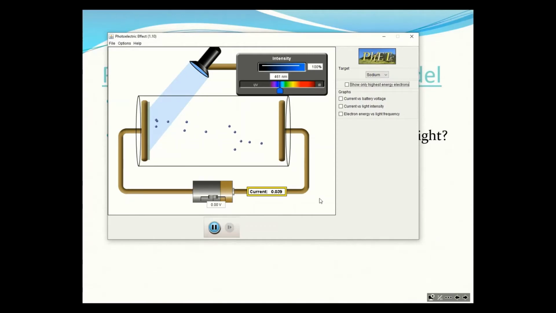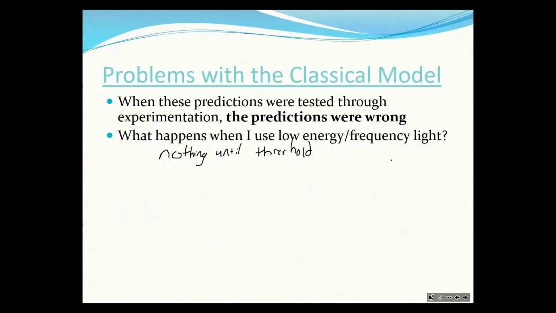So remember with the model, I showed the energy of the photon as the size of the photon, right? So if these are my three photons of light, and this is my electron, no matter how much I throw at this electron, it can't get it to leave.